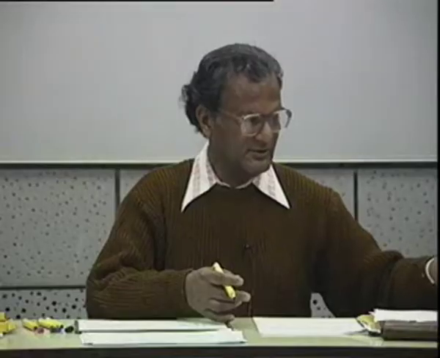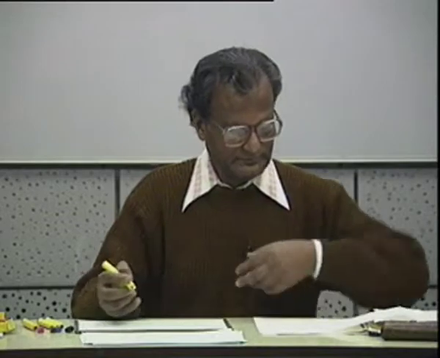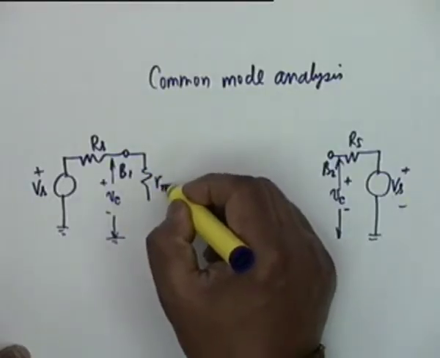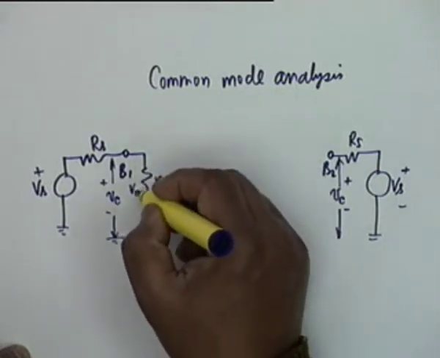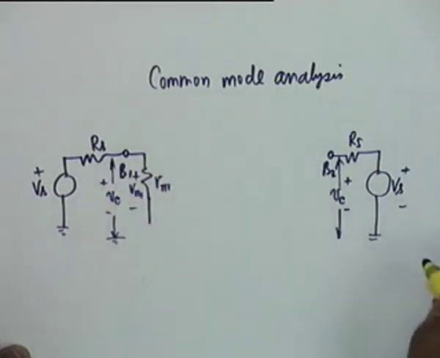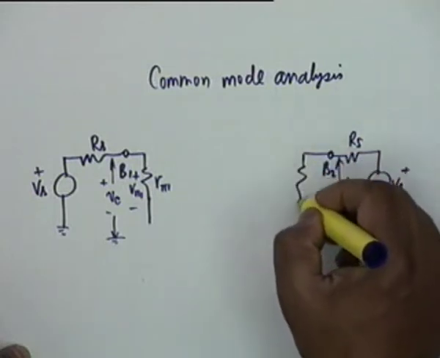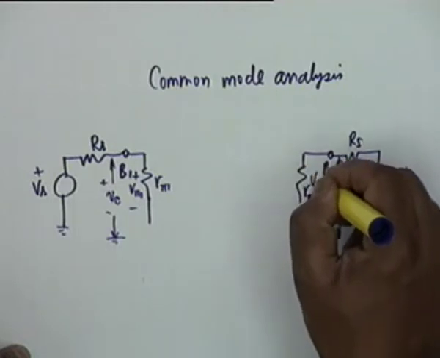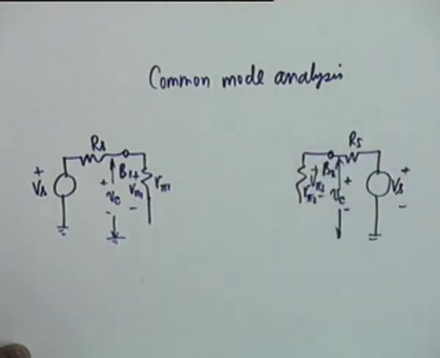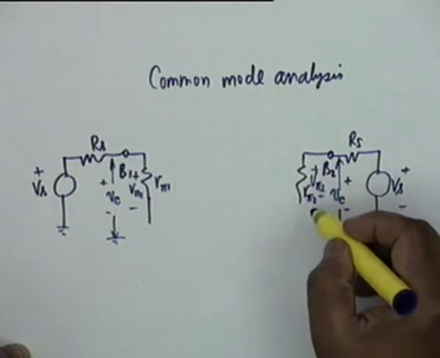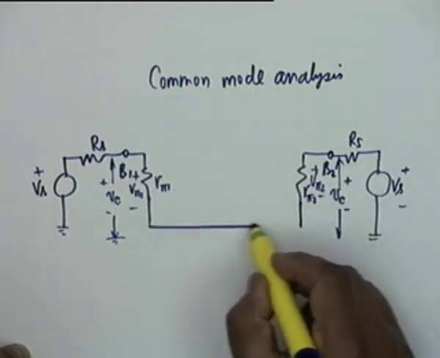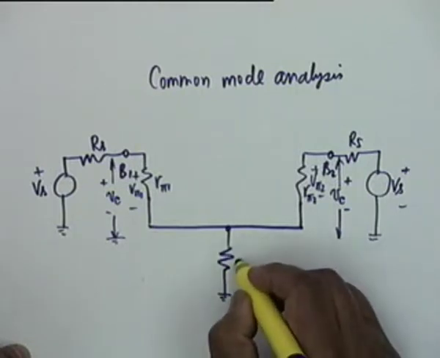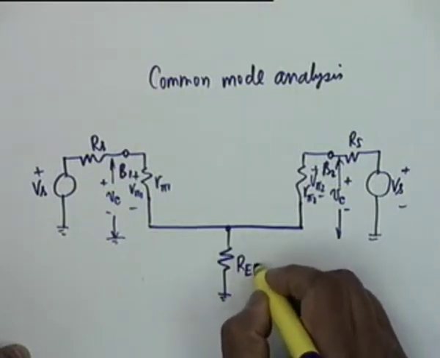Now the equivalent circuit shall go the same way. We have an R pi 1 and this voltage is V pi 1, then an R pi 2, this voltage is V pi 2. It has become a bit congested, but I hope you can make it out. The two emitters are connected together and connected to ground through REE.